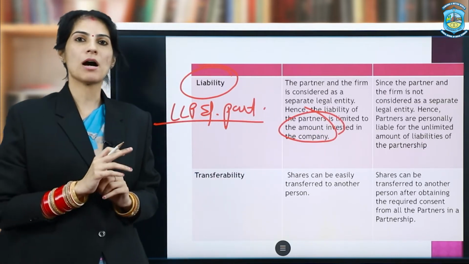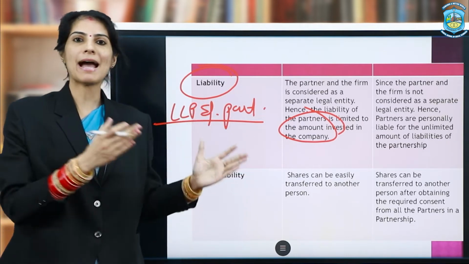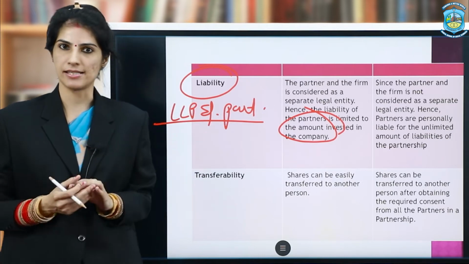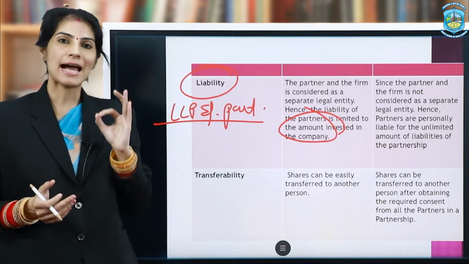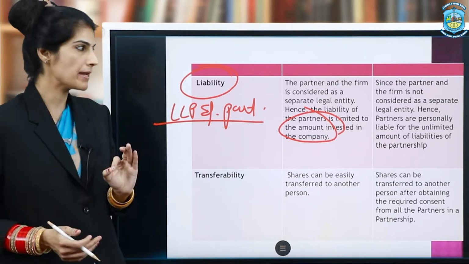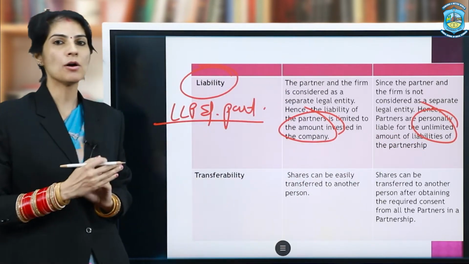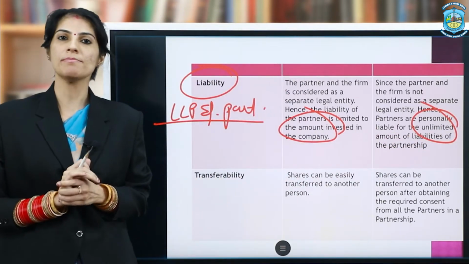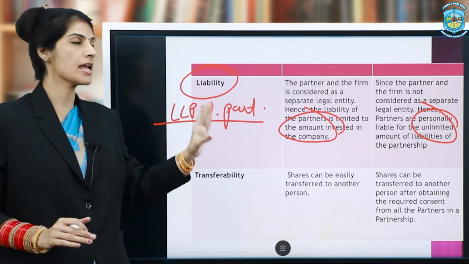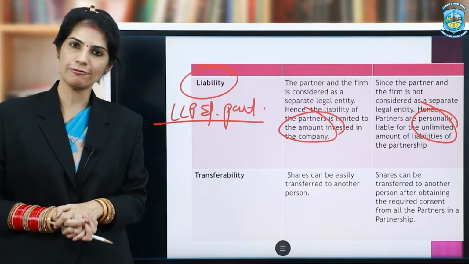But in an unlimited liability partnership firm, the partnership firm and the partners are not considered a separate legal entity. And therefore, the liability of the partner is unlimited. I repeat, the liability of the partner is unlimited to the amount of liabilities of the partnership firm. This is the most important and the most basic difference between the LLP and the unlimited liability partnership firm.